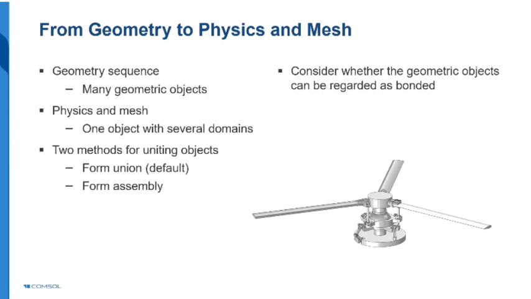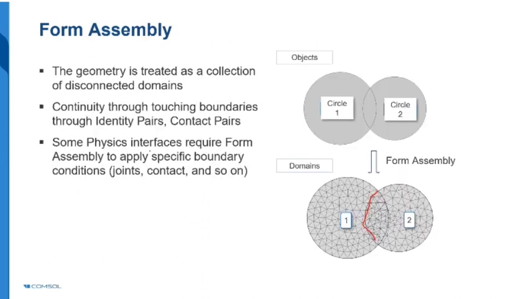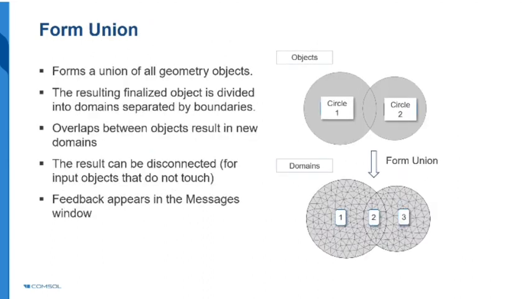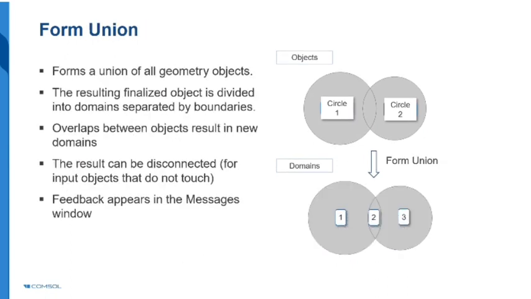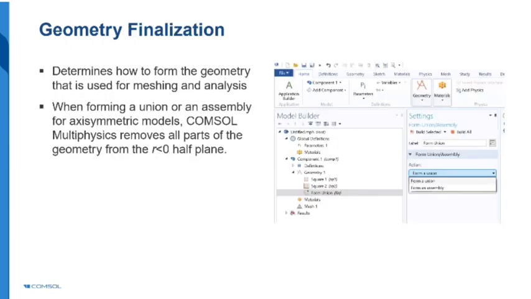Another important point that I missed to mention: we were discussing domain 1, domain 2, etc. But many times people get confused about how we assign these domain numbers, or whether we need to assign them at all. Well, when you are doing this finalization, it determines how to form the geometry, or how the geometry objects are going to interact.